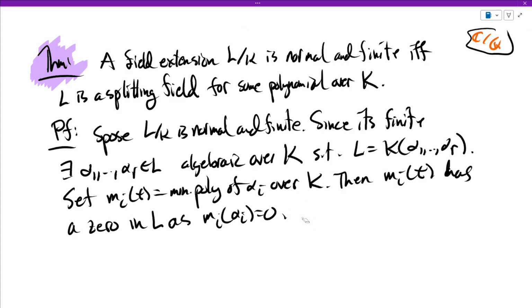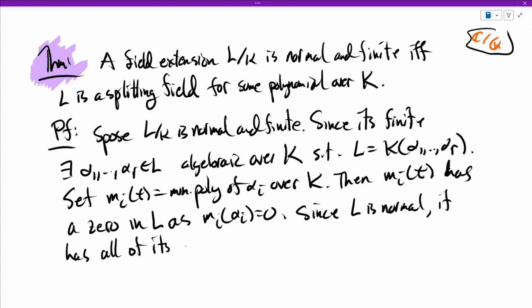Since L is normal, it has all of its zeros in L. Normality is an all or none condition. If you have one zero, you have all, and that's what it means to be normal.